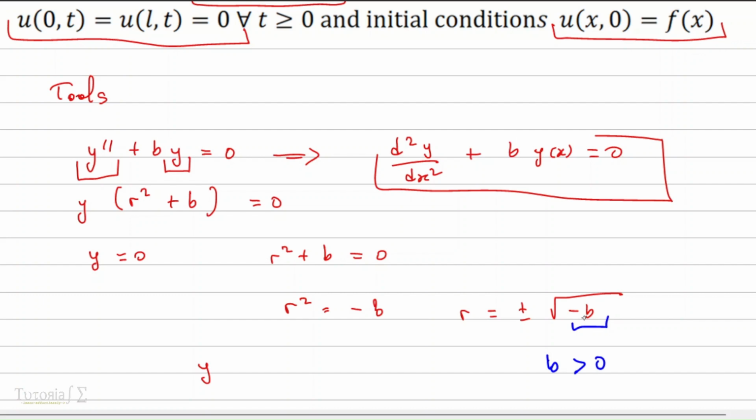It's going to be a complex number, so r will be complex. So let me write it here. If b is greater than 0, r will be equal to plus or minus i times some constant w. It will be a complex number.